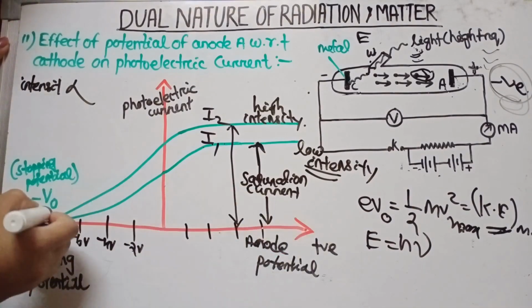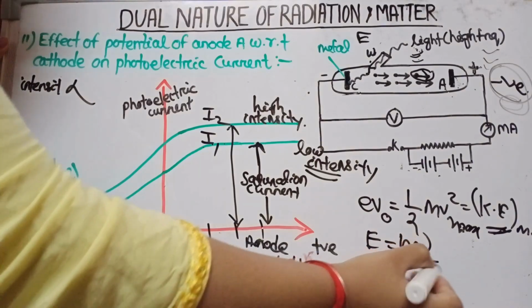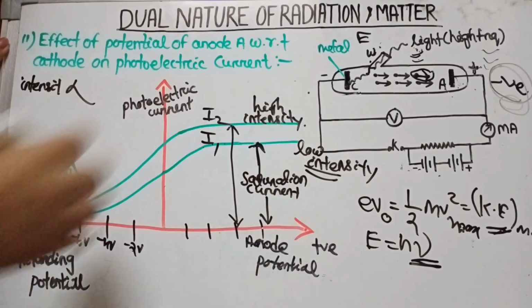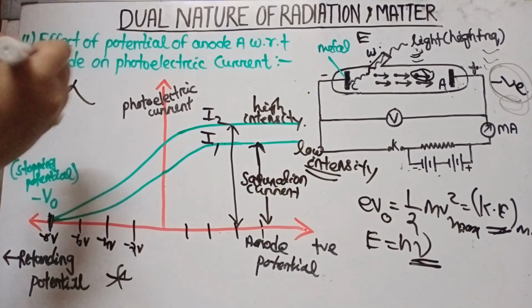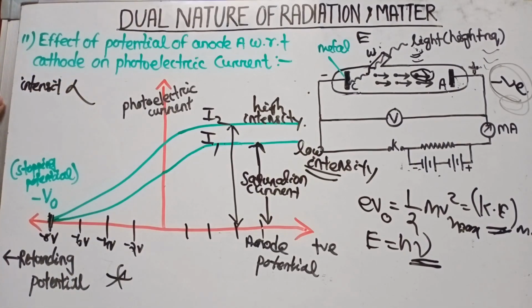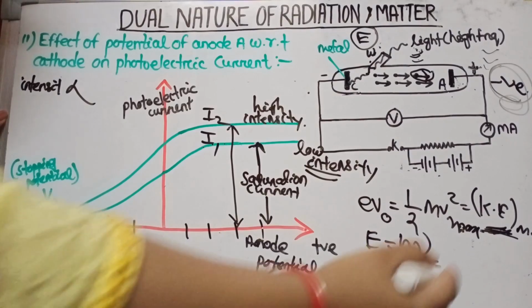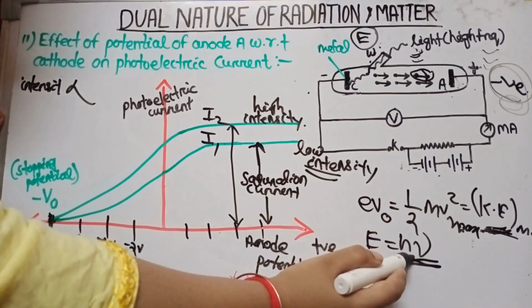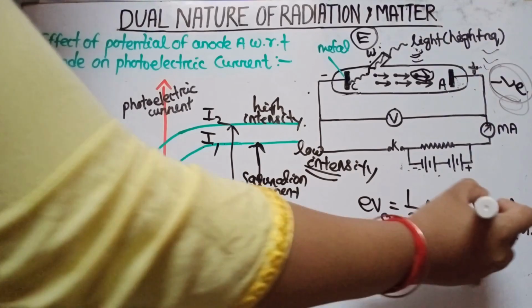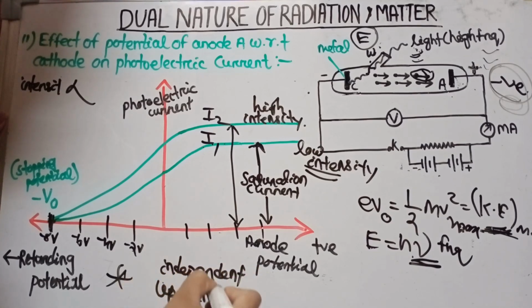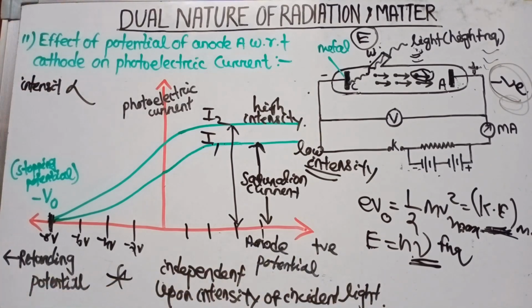So the stopping potential depends on the frequency of incident light but is independent of intensity. Note it, students. This is very important. It comes in your objective type questions. Students, are you clear on it?